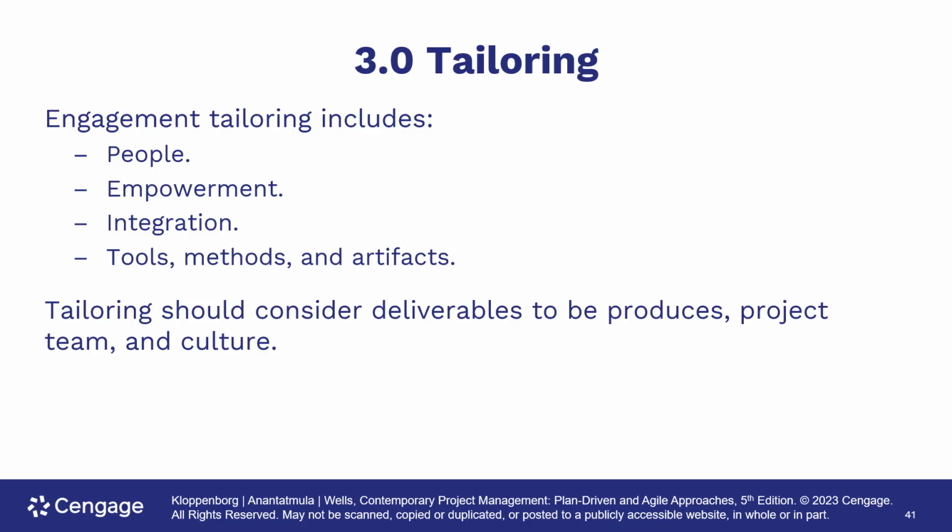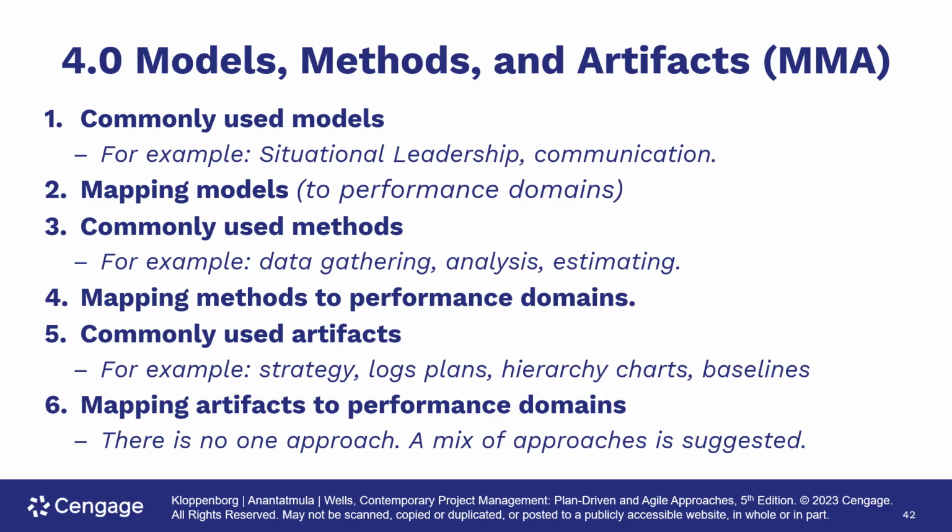And ultimately, when you're talking about people, empowerment, integration, and tools, methods, and artifacts, these have to be tailored or tweaked depending on the project, depending on the organization, depending on the environment in which you are working a particular project. It will definitely impact either the product, the service, or the result at the end of the day.